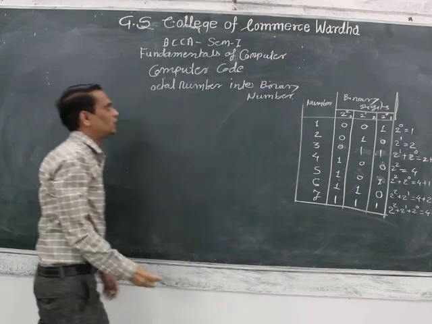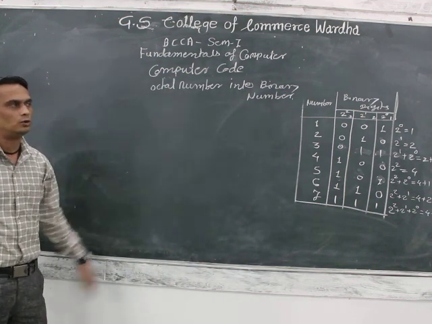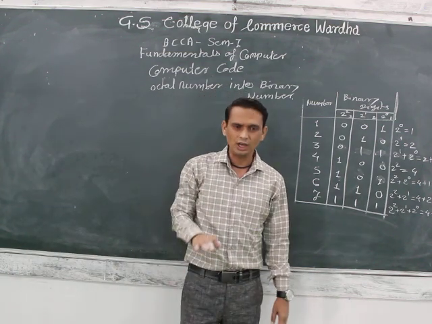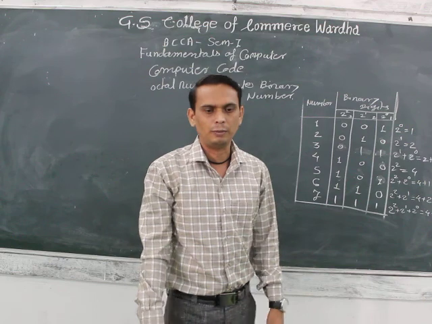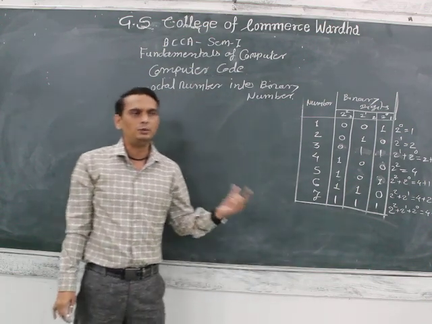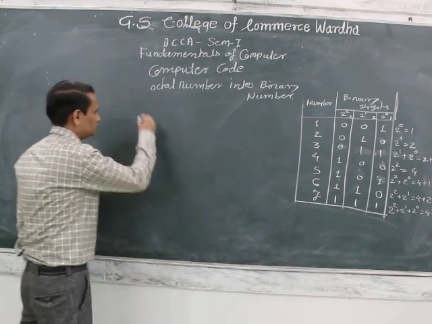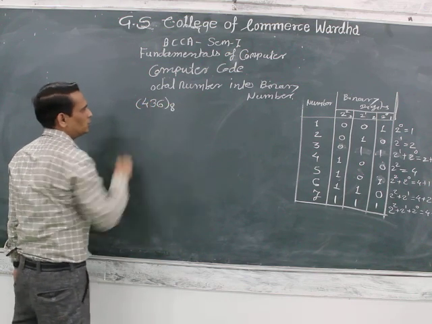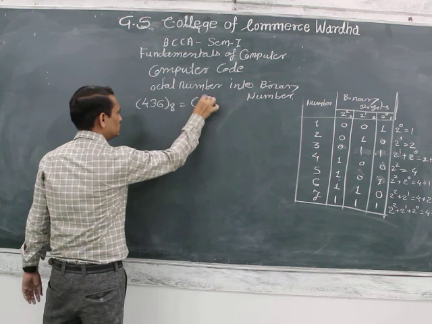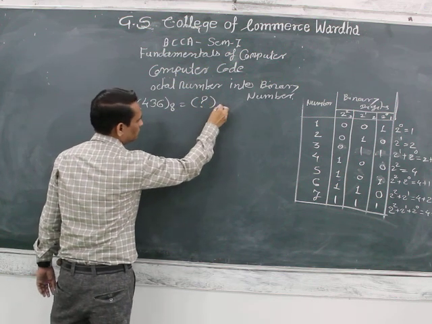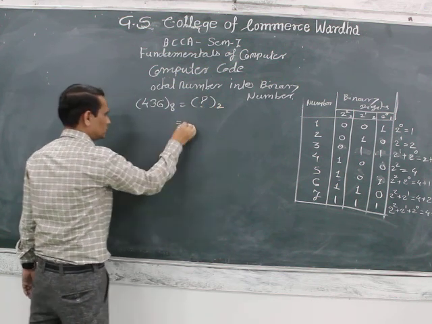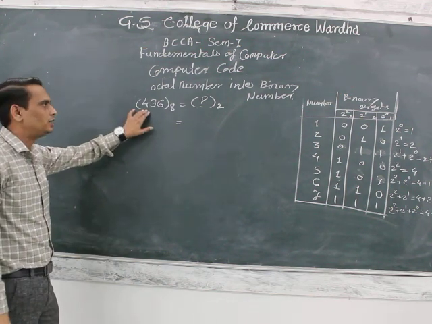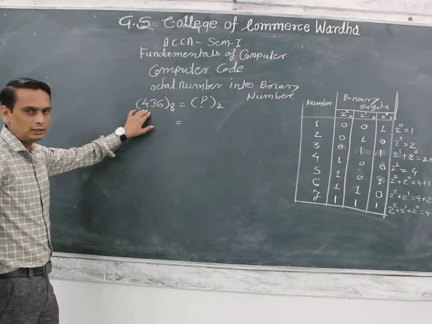Same way, just like we convert the binary number into octal, the octal number also converts into binary by representing 3-bit values. Like the 436 octal number will represent the binary one. Each digit or each symbol can be converted into binary digits.